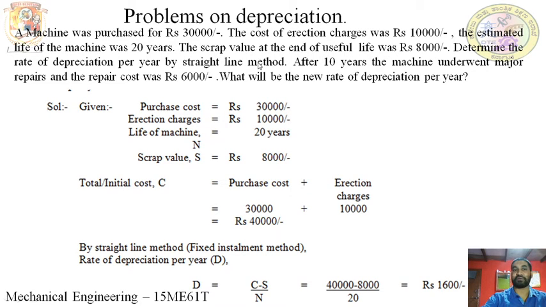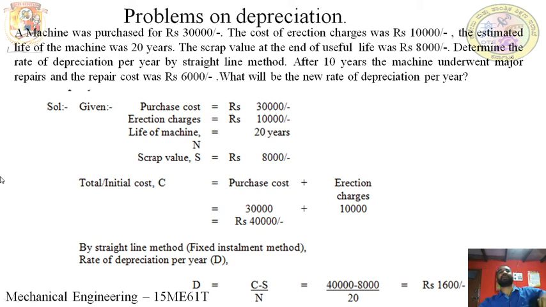After the use of 20 years, the scrap value is 8,000, not before 20 years. Determine the rate of depreciation by the straight line method. After 10 years, the machine underwent major repairs and maintenance, costing 6,000. What will be the new rate of depreciation per year?